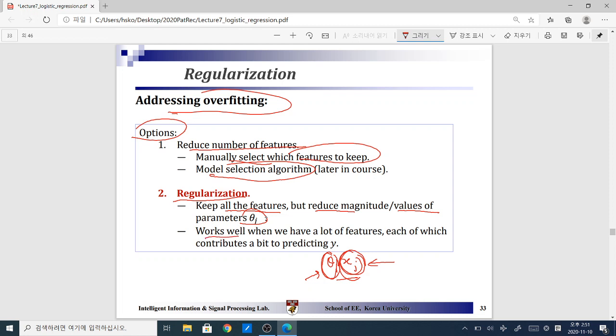So it's going to work really well when we have lots of features, where each of these contributes a bit to making a prediction for y. Once again, remember that for the logistic regression case, we essentially have g of the hypothesis function.